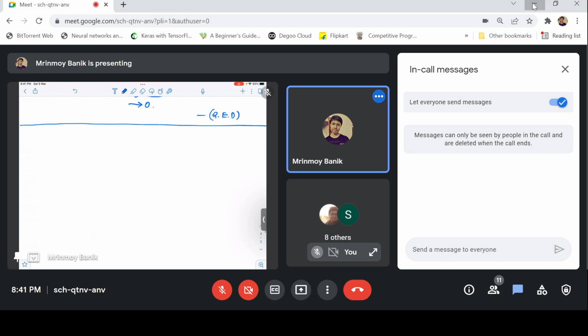Okay, this was minus, this was minus, and this is n minus 1. So this is our Wallis formula.